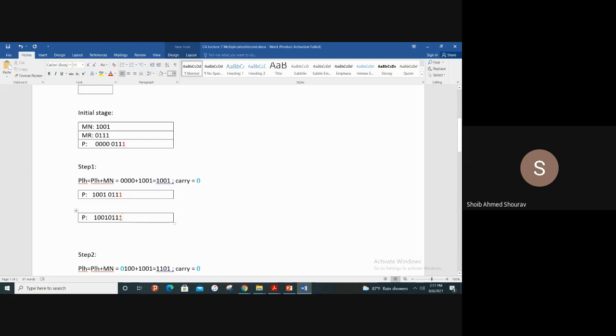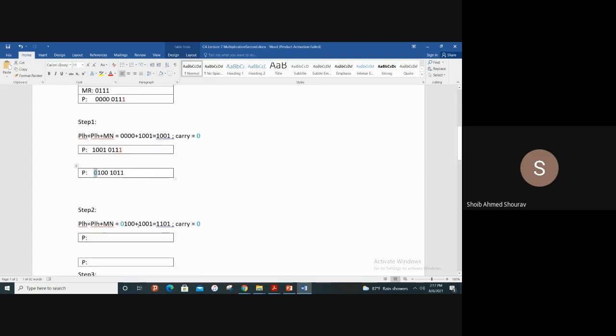How can we shift right? We have to remove the right-sided bit and add a 0 at the left. Now we are not going to add a 0 at the left. We are going to add the carry at the left. So is it clear? Carry will be in here, yes.